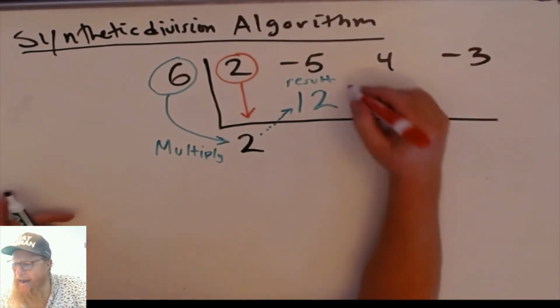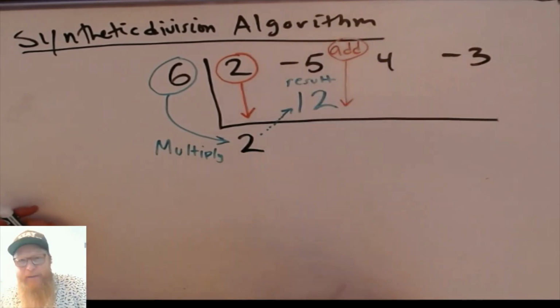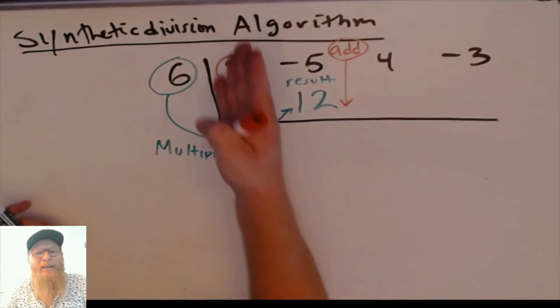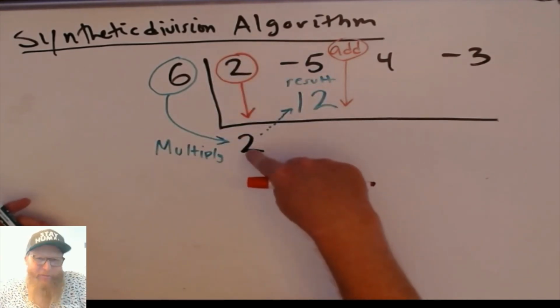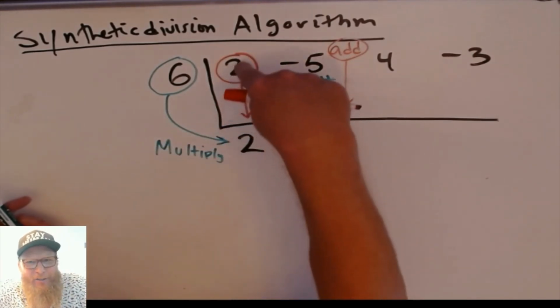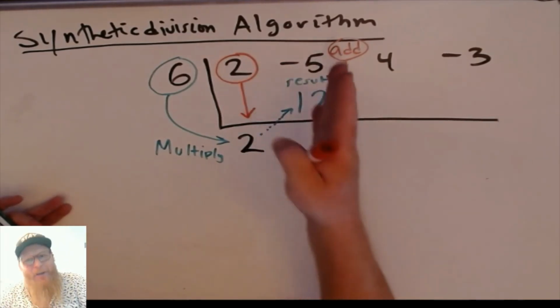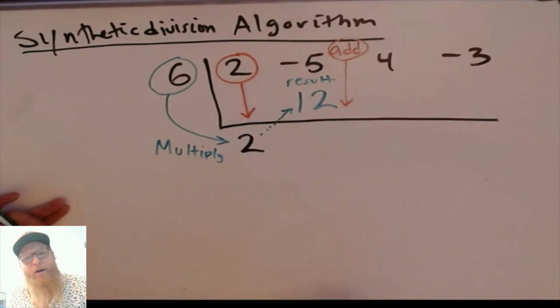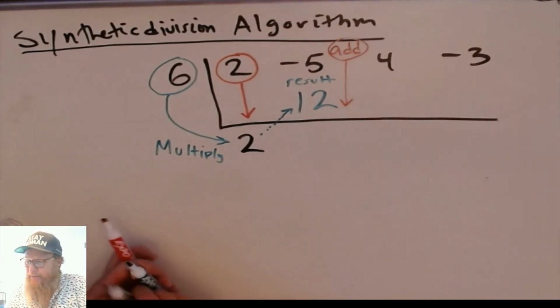Then you add. And if you really want to sort of just make a symbolic representation, you're technically adding in the first step also. You're adding 2 plus nothing and getting 2. So this adding concept is actually happening every time I draw an arrow going down, a red arrow going down. So negative 5 and 12 is 7.